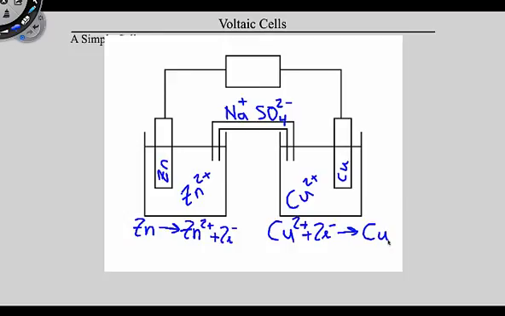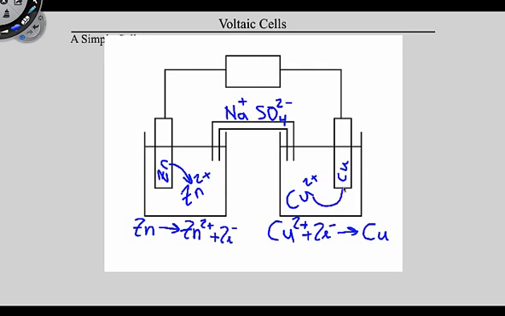So at this point, it's going to be helpful to draw some arrows. So given that zinc metal is becoming zinc ion, guys, I find it useful to do this, just to show movement. So during this process, zinc metal is moving into ionized solution.